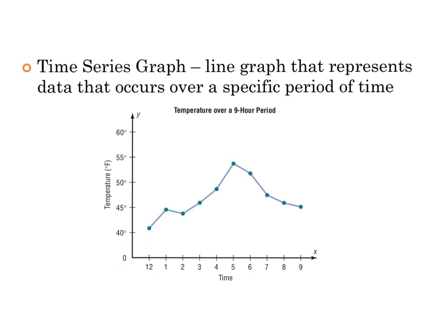In this case, time represents time of day, not necessarily how many hours, since it starts with 12. And unlike a frequency polygon, it does not connect down with the horizontal axis. It's just a line graph.